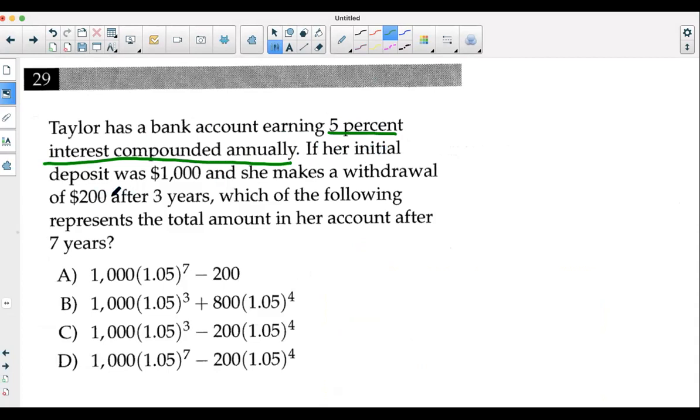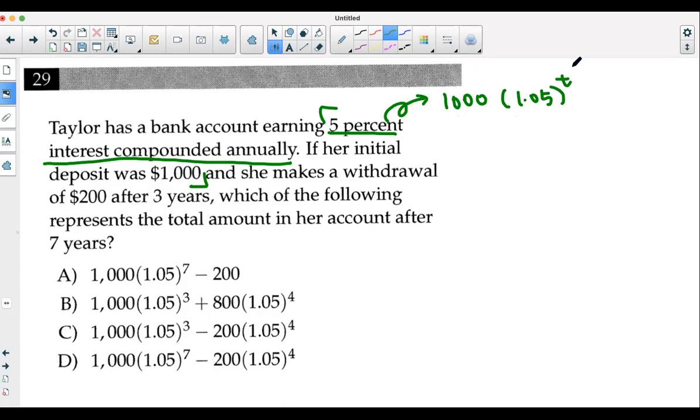Okay, her initial deposit was $1,000. So if I read up to here, I'm thinking in my mind, I'm not saying that this is the answer, but I have 1,000 initial value, and then 5% annual interest. So 1.05 to the t power. That's what I'm thinking in my mind.